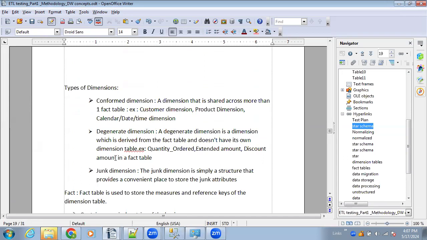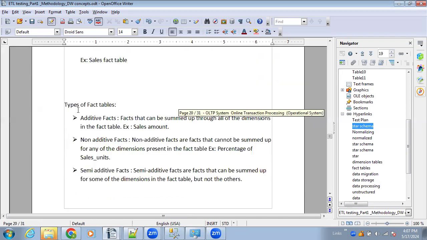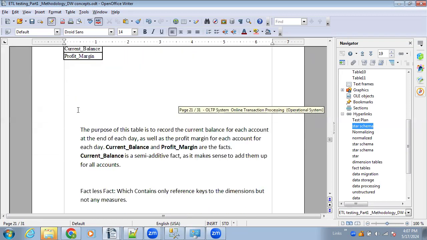As I told, race is something that we will never use in terms of patient, except rarely to identify certain diseases. Clear? So that junk dimension will store the attributes that will never be used.